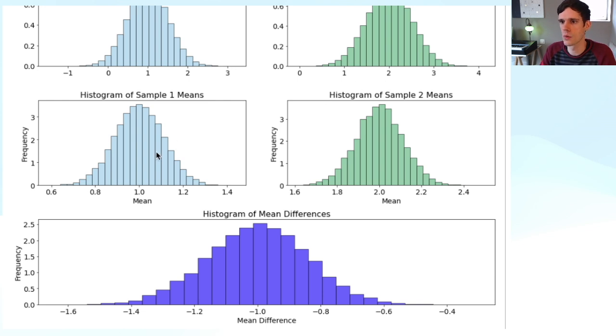However, because we know that some samples have other means than 1 for population 1, and for population 2, if we draw samples, some have other means than 2, this is basically why they have a distribution around this mean. If we then subtract these two sample means, we will also get a distribution of differences.